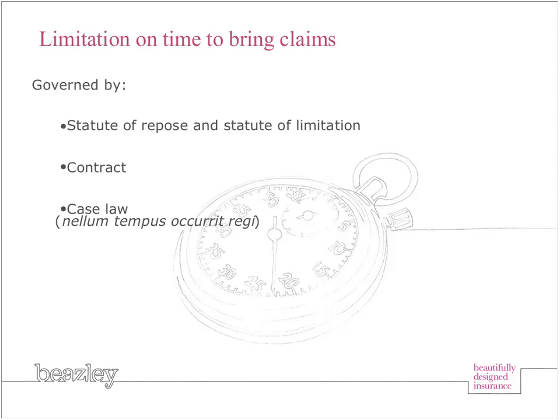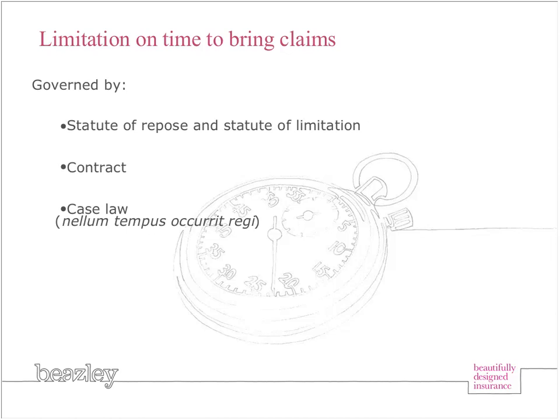Next is contract. You can modify the time limit. You can modify the statutes by your contract. In some of the industry standard documents, for example the AIA, in the 2017 version, they set a max limit of 10 years, which can be beneficial depending on the state that you're practicing in.